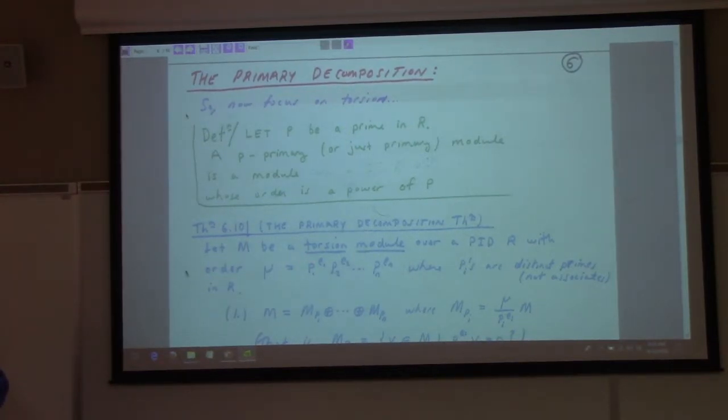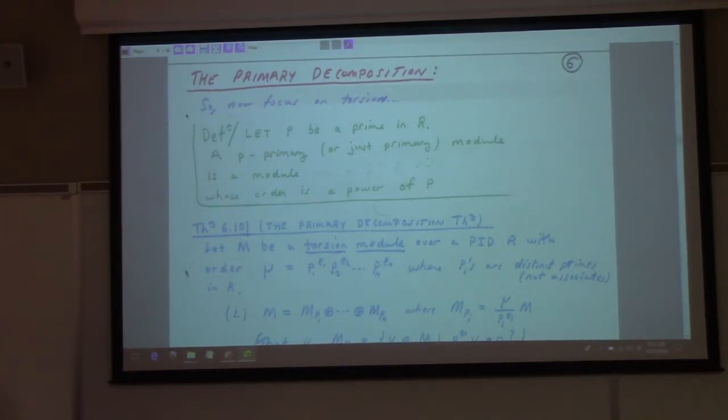So when I was reading this in the book, I was confused about how you get that there exists a non-zero order. Because, for instance, if you take the direct sum of a bunch of Z mod P for all primes, and you take the infinite direct sum of that. Well, that would be outside our purview. We're talking about finitely generated. Oh, because in the book it says modules.